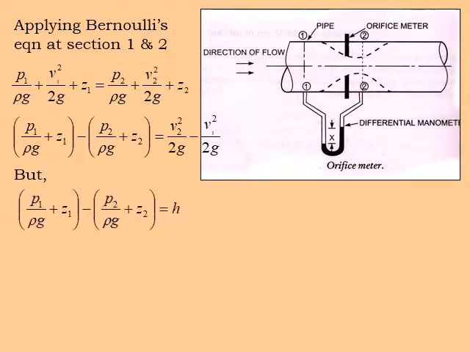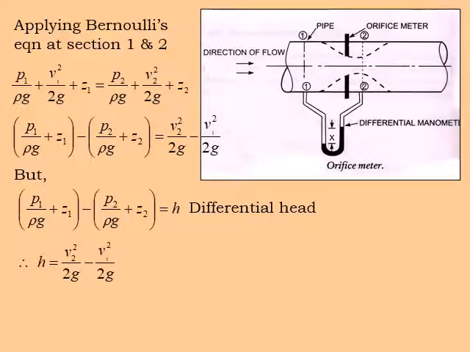But P1 by rho g plus Z1 minus P2 by rho g plus Z2 is known as the pressure head, that is H, or differential head.